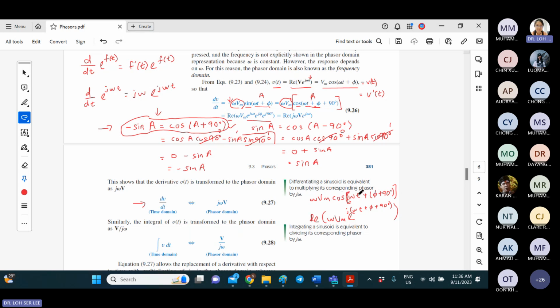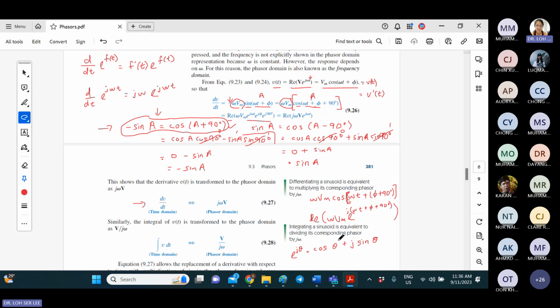Before this, you have cos theta. e to the j theta is cos theta plus j sine theta. So when your theta is changed into this, you have j theta, but now this is all your theta.